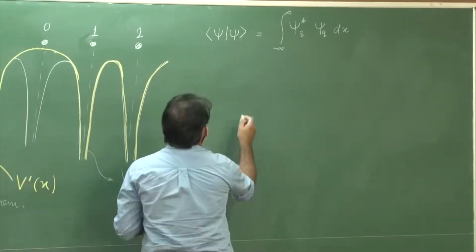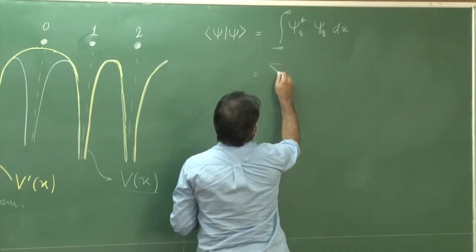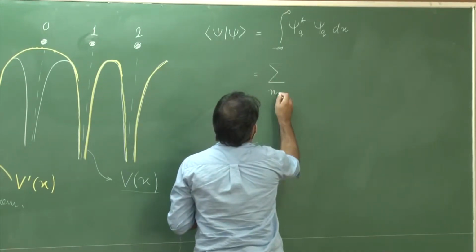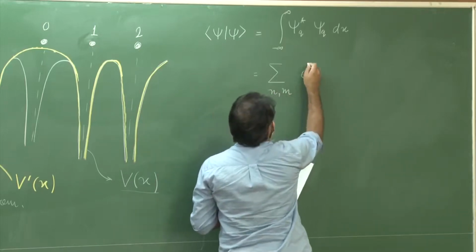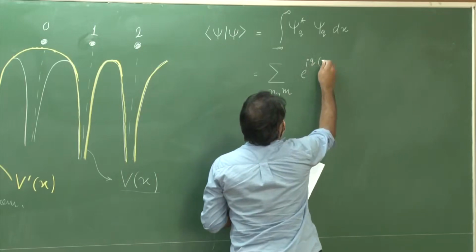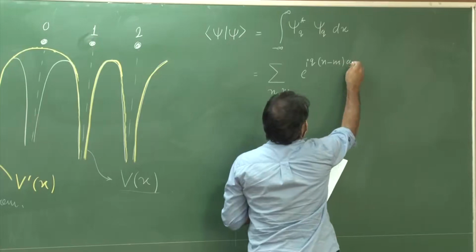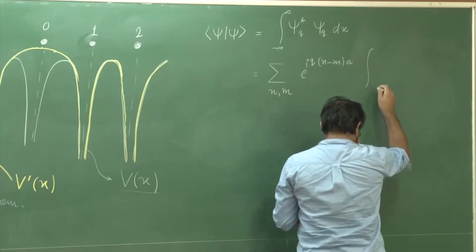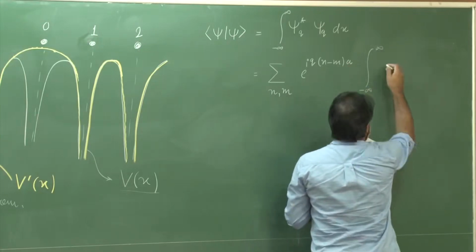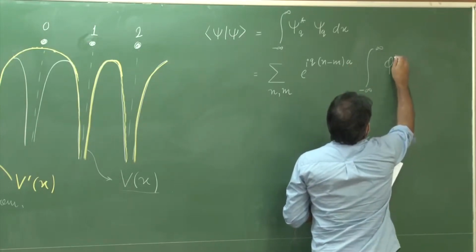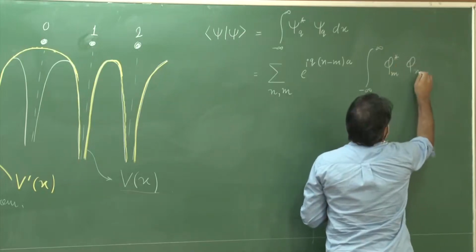So this will become summation over n comma m, exponential i q (n minus m) a, integral minus infinity to plus infinity phi star m, phi n, dx.